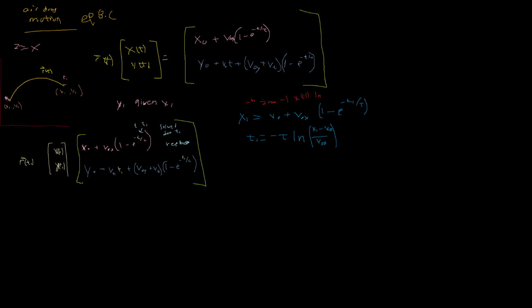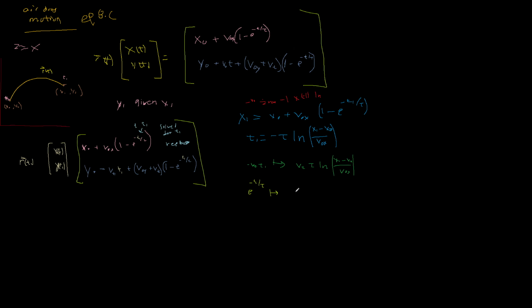There we go. So let's go ahead and substitute this in. And so we got minus v terminal times t1, and that's going to turn into v terminal tau natural log of x1 minus x naught over v0x. And in the bottom you have e to the minus t1 over tau.